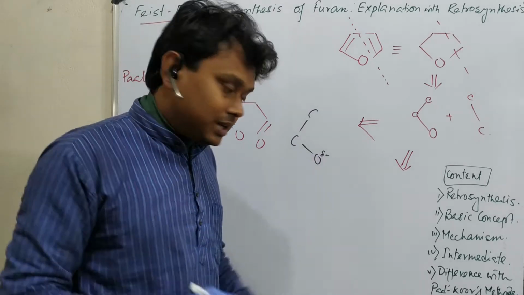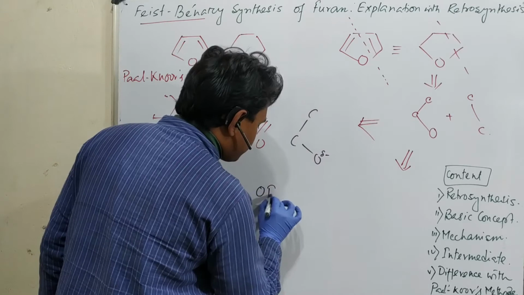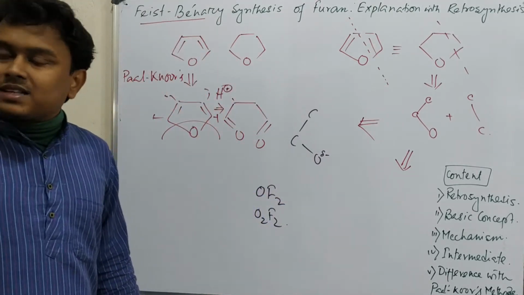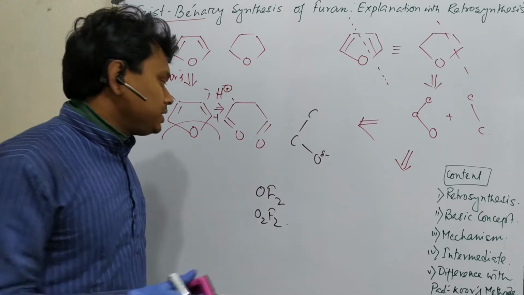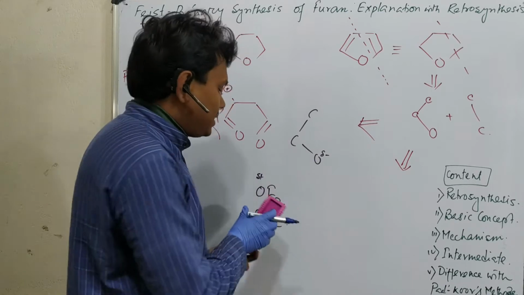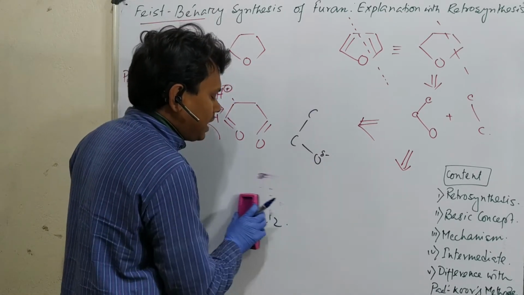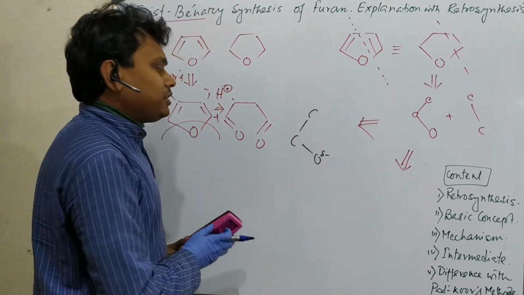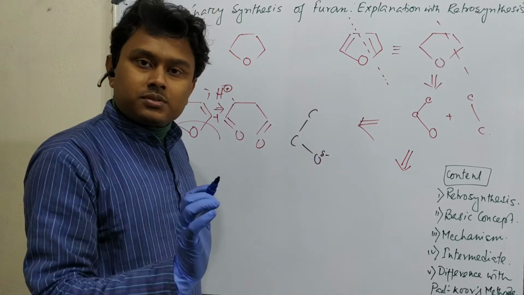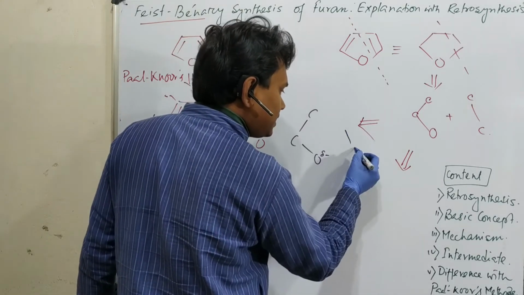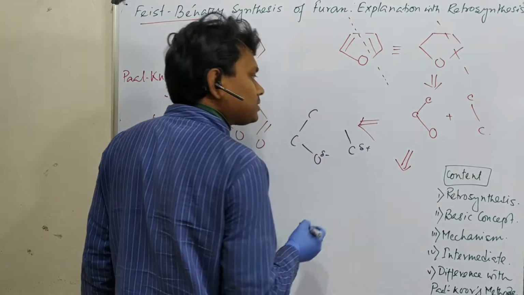There is one exceptional example, that is OF2 or O2F2. These two are the exception, where oxygen is delta plus, but in other cases oxygen is always delta minus because of its exceptionally high electronegativity. So wherever we design, this is delta minus fixed. So if it is delta minus fixed, then this carbon is delta plus fixed.